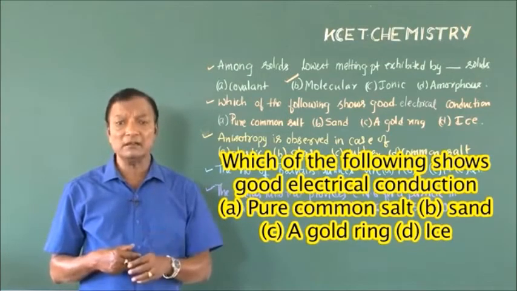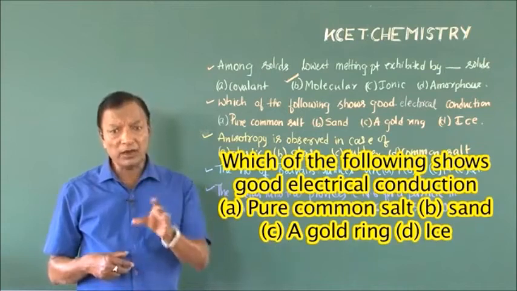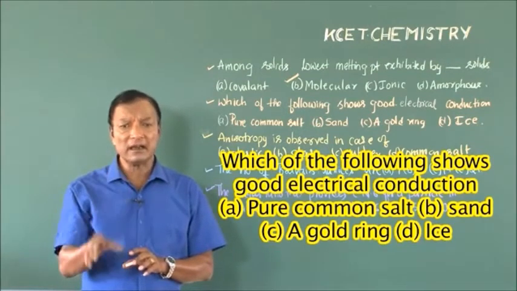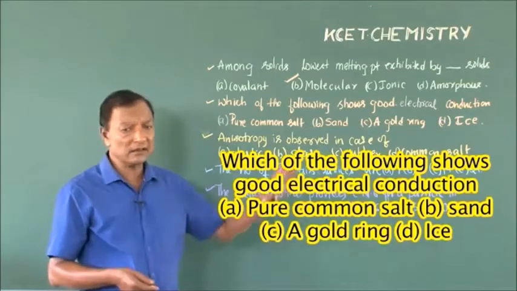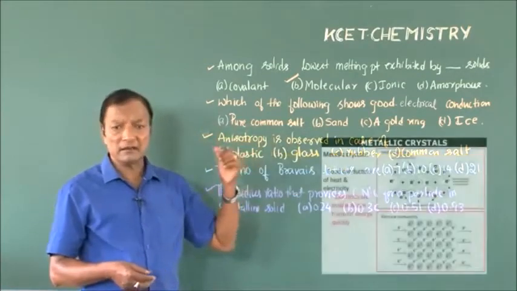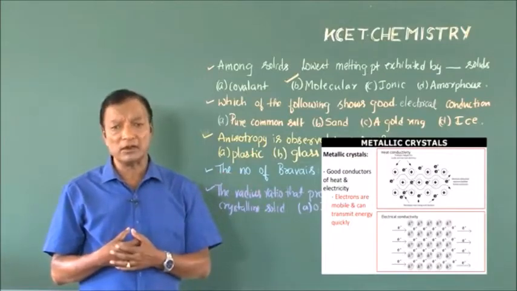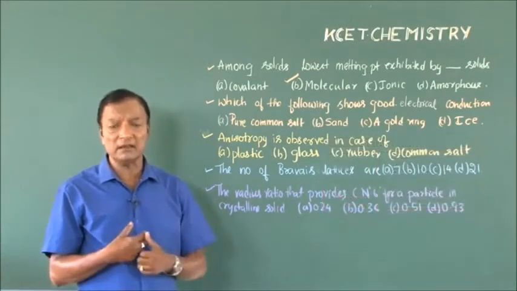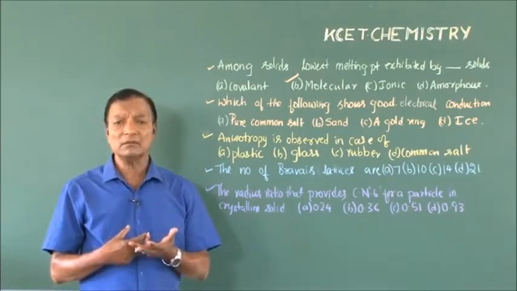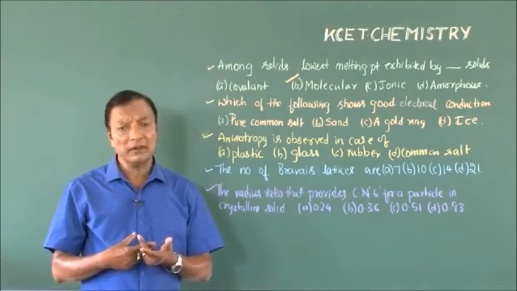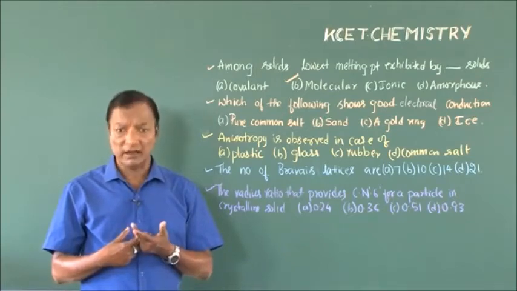But remember one thing, among the four types, only one has electrical conduction, and that is the metallic type, because of the free movement of electrons. While the other three don't have the free movement of electrons, nor the free movement of ions.